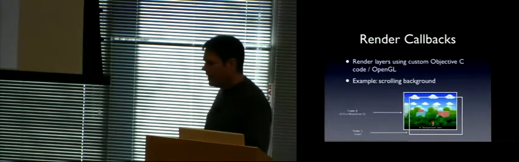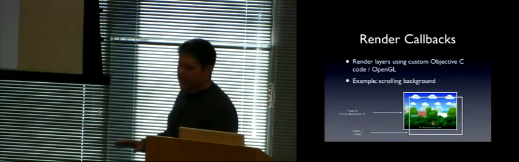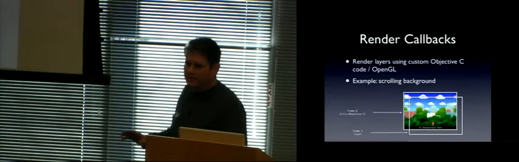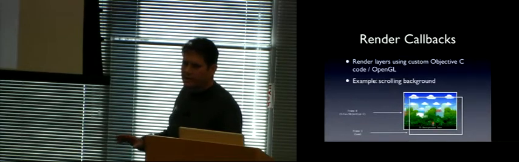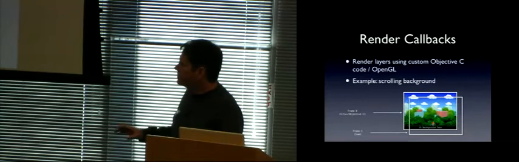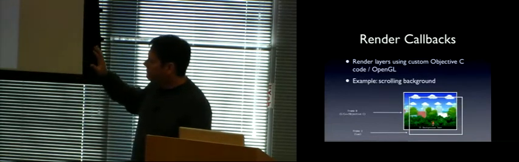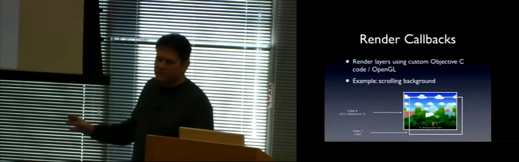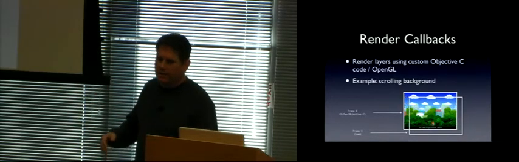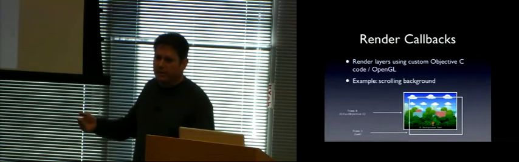Again, I mentioned render callbacks. If you've done any kind of game development, you probably have libraries of functions that are written in a native language like C or C++ or Objective-C to do certain things. For instance, if you have an API that allows you to easily do scrolling, you may not want to redo that in Lua code through Gemini.